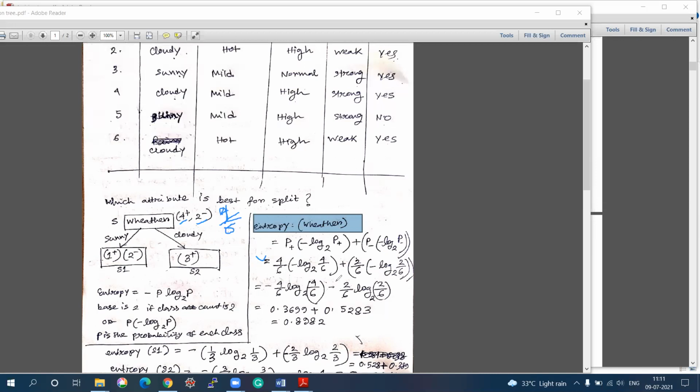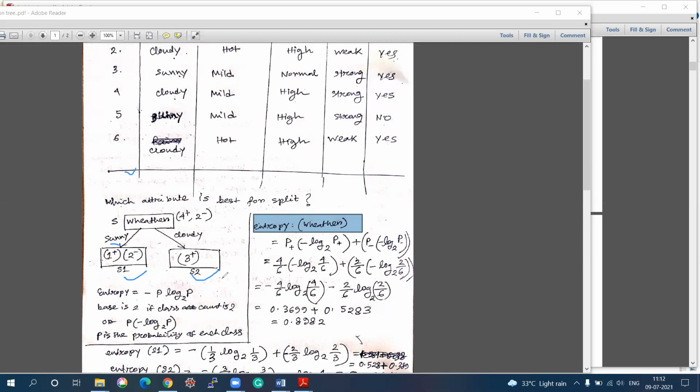If you solve this equation, you will get the entropy of this node as 0.8982. आपको मिला. ठीक है, so we have calculated the entropy for this. Similarly, we calculate the entropy for S1 as well as S2. After calculating all these, we will calculate the information gain.